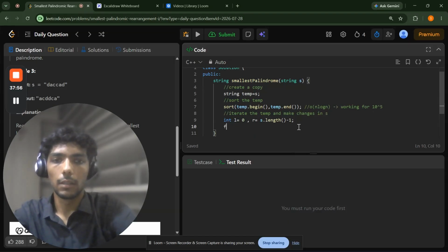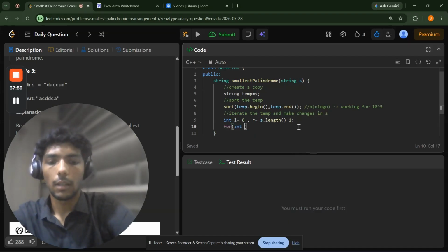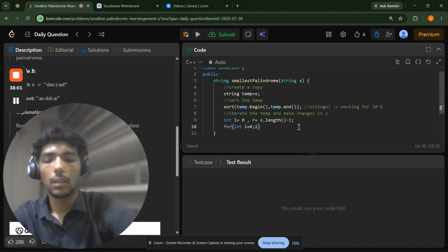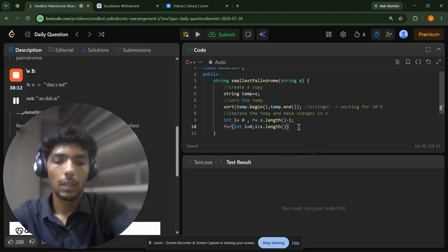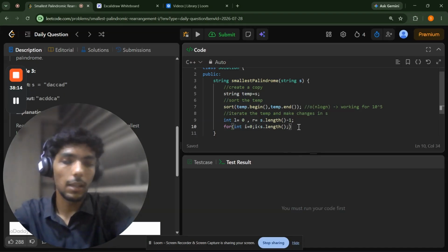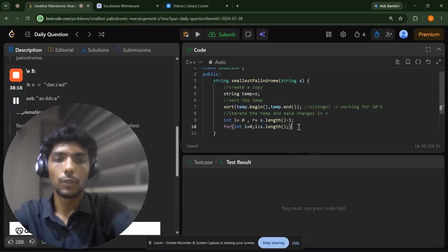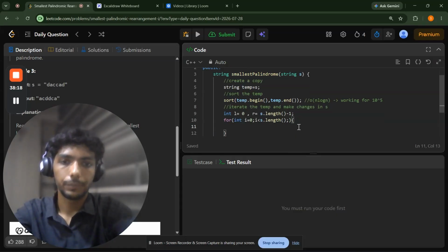We will do this for int I equals 0, I less than S dot length. We are managing the increment operator, so as of now we will leave it.